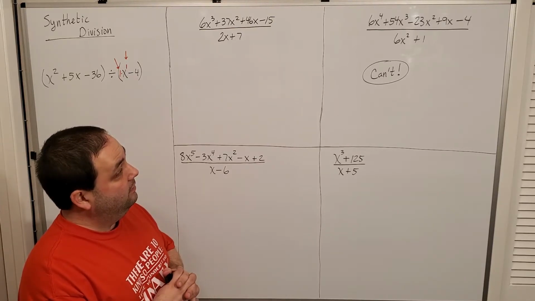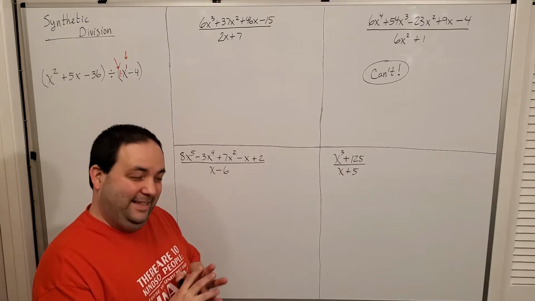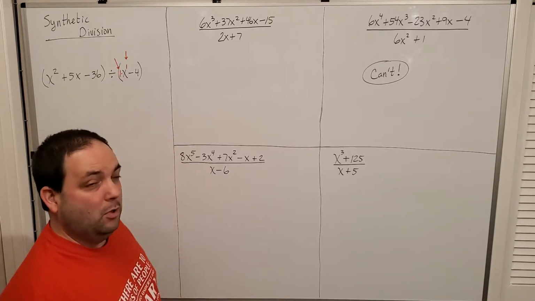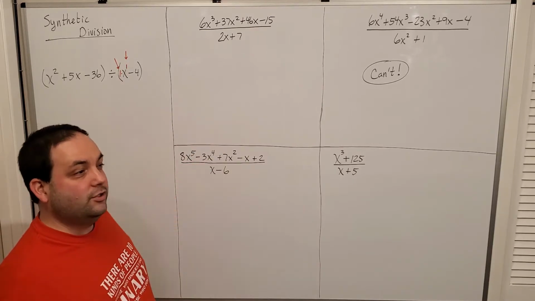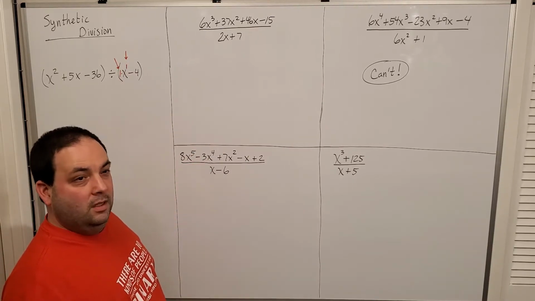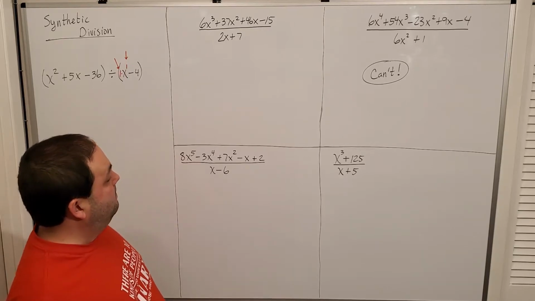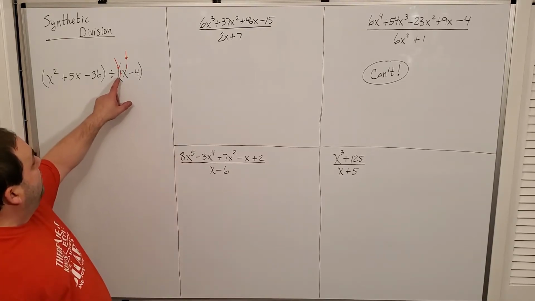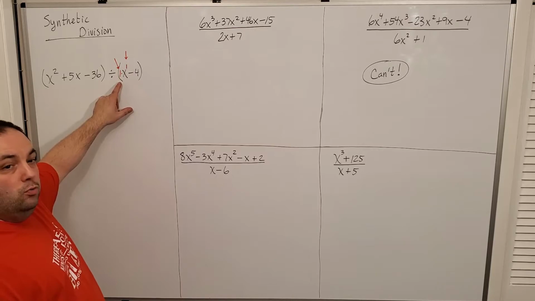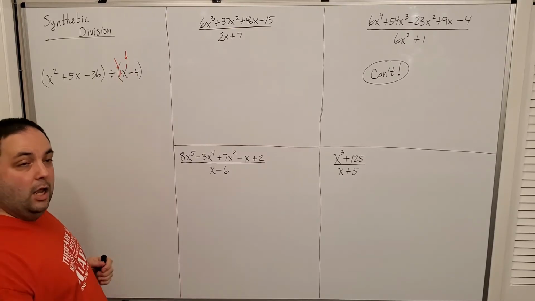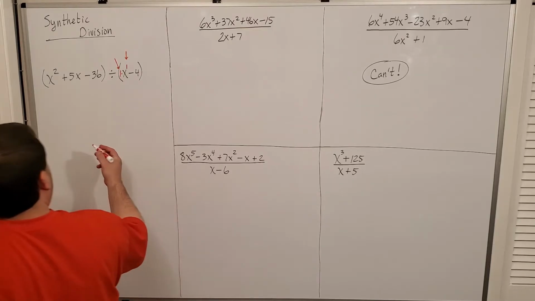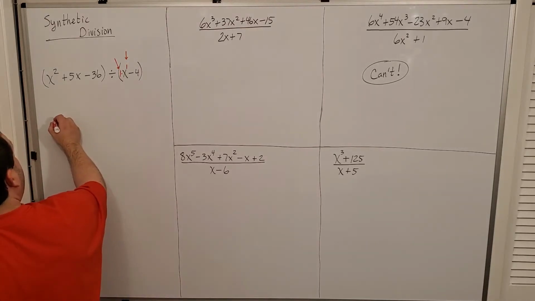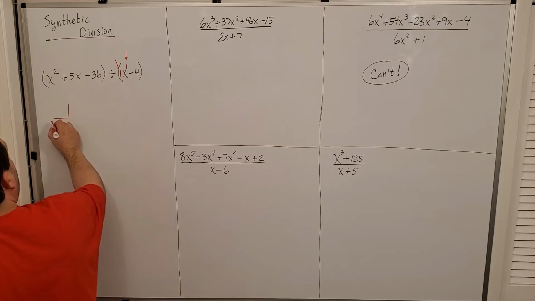In fact, this will probably be the last one. Well, for the most part, 99% of the time. You won't run into those. Maybe when we're graphing rationals, you might run into a few, but really not many, okay? So, as long as you have both of these two things ready to go, then you're ready to set up the synthetic division, okay? So, what we have with synthetic division is what I call the box.